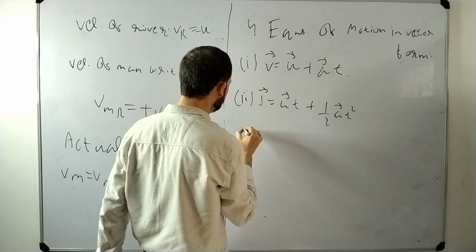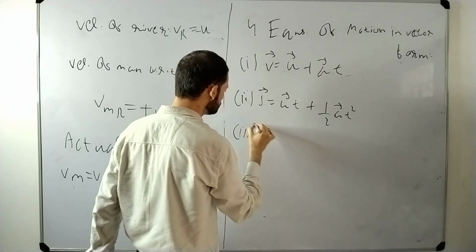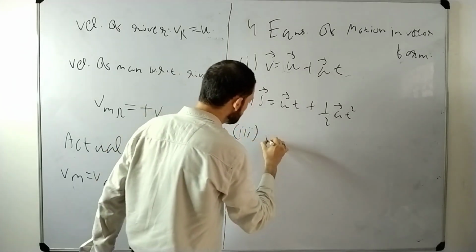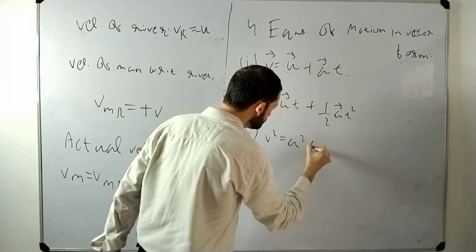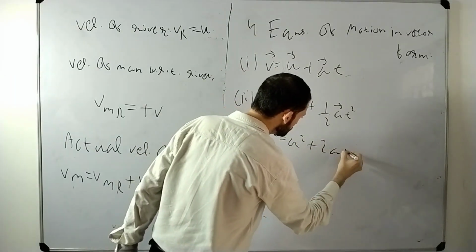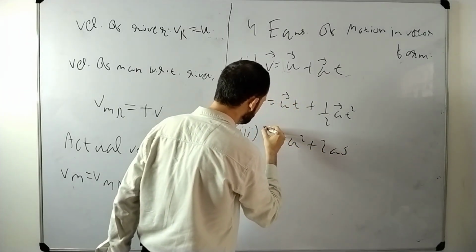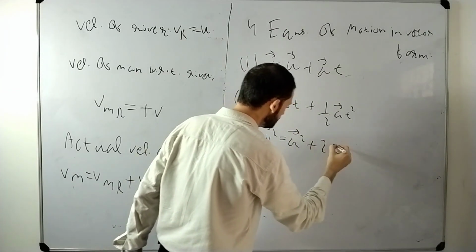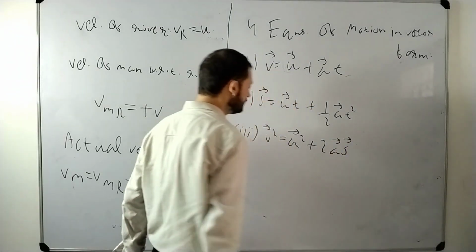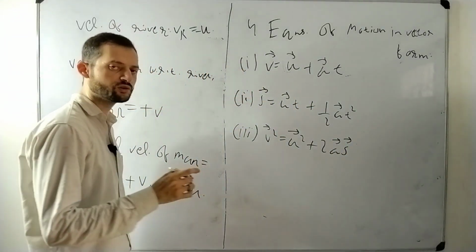Third equation is what? v square equals u square plus 2as. Now students, let me ask you a question.